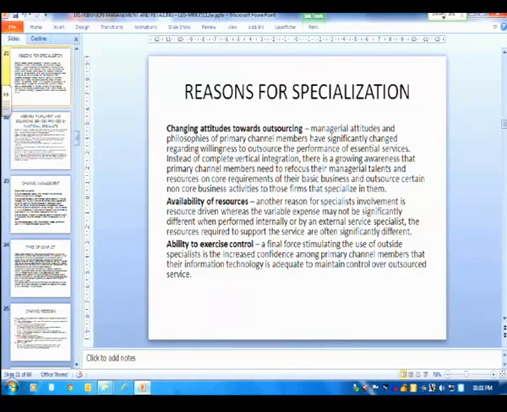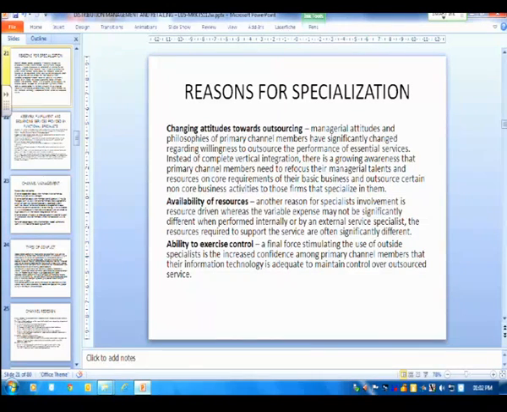The next one is availability of resources. Another reason for specialist involvement is in resource-driven areas, whereas the variable expense may not be significantly different whether performed internally or by an external service specialist. The resources required to support the service are more often significantly different.